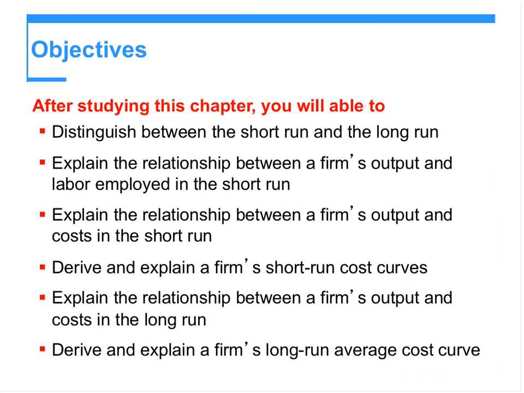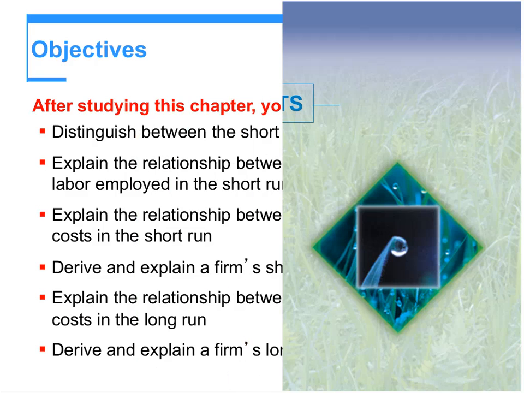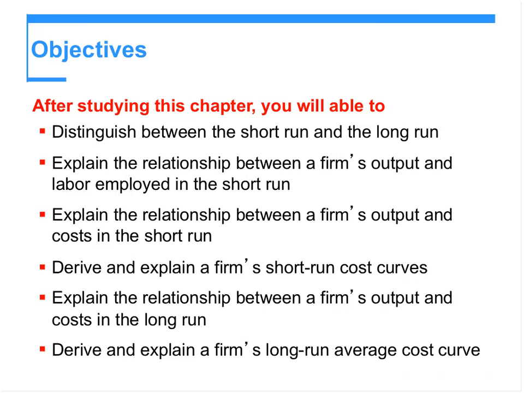So this chapter, as you can see, the topic is output and cost.